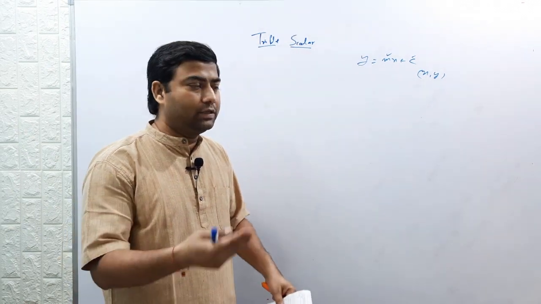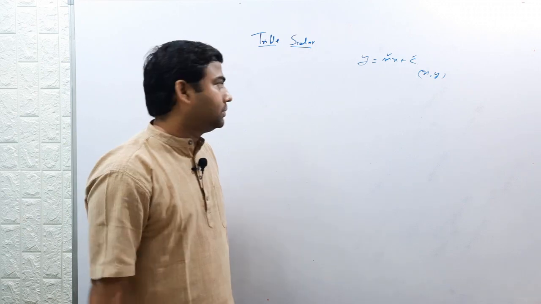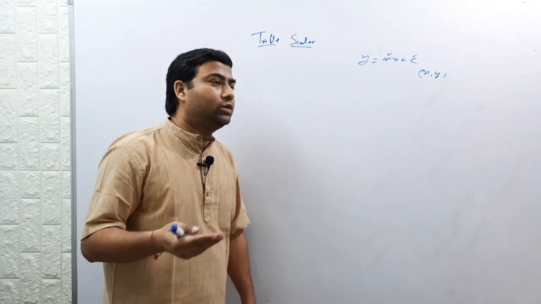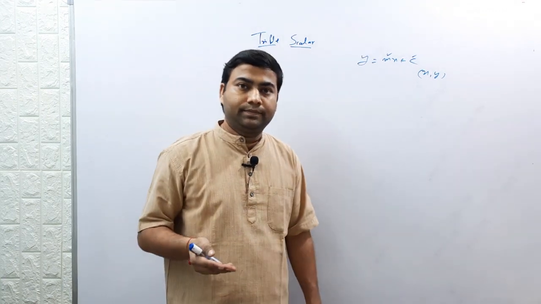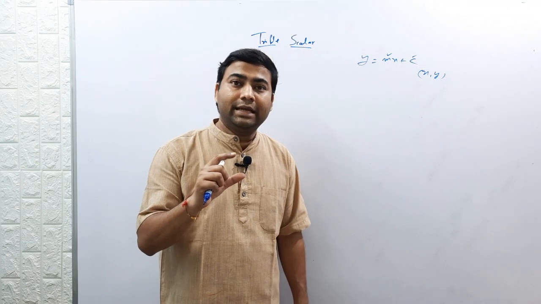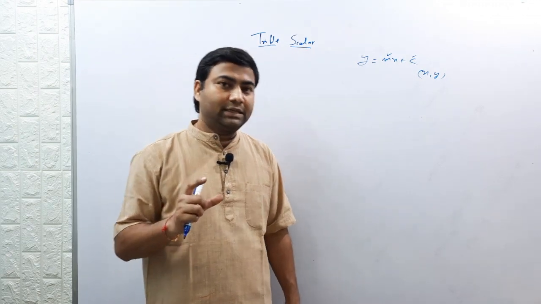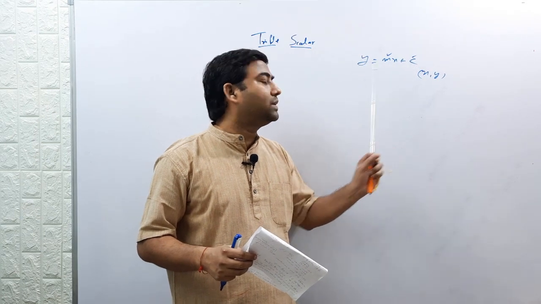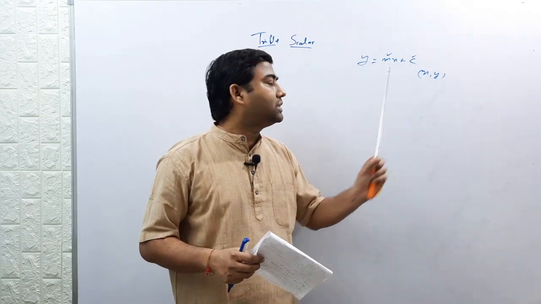Then what is the meaning of the equation of a line in vector form? In vector form, we get a vector equation, whereas this equation in coordinate geometry is a scalar expression. This is not a vector expression.